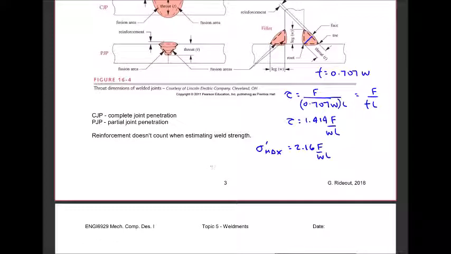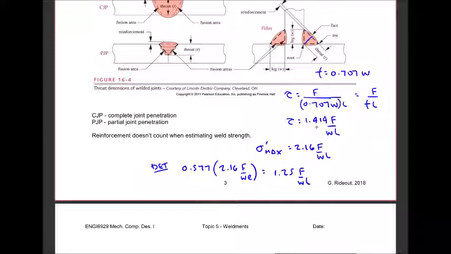Now, if I think back to the distortion energy theory, if I set the sigma prime max equal to the yield strength, I know my shear strength is 0.577 times that. So if this is equal to the yield strength, I'm going to have shear failure at 2.16 F over WL, which turns out to be 1.25 F over WL.